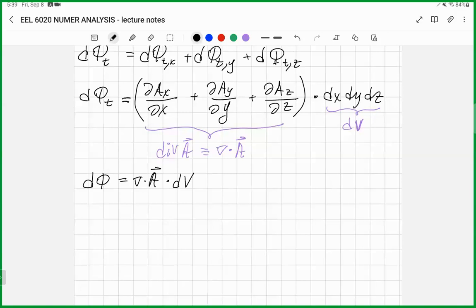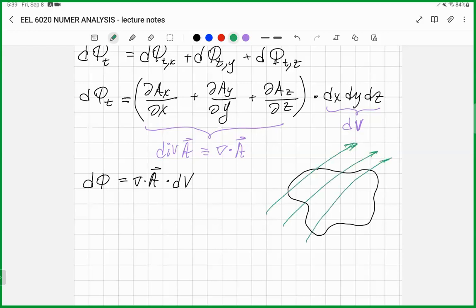And now we can integrate this formula over the volume. Like if we have a large object placed in the vector field A, like this, right? So we have a large object.